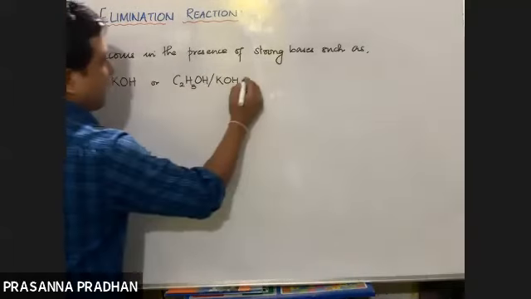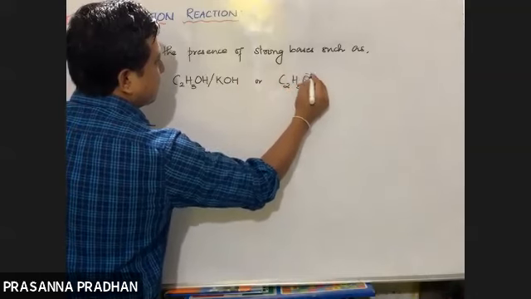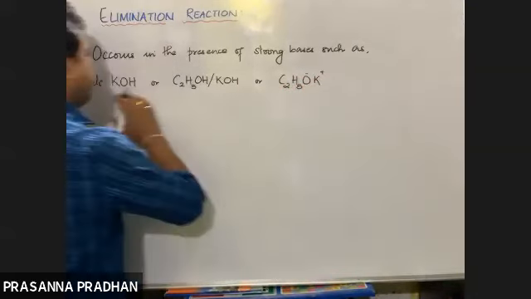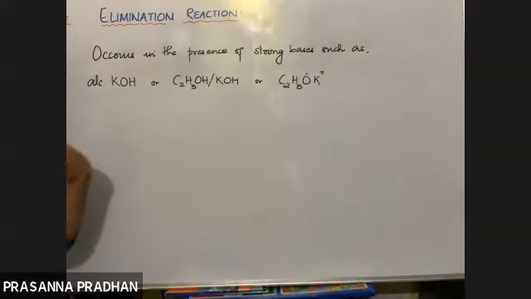These two will react to give us ethoxide ion like this. So either of these three, they mean the same: alcoholic KOH, alcohol in presence of KOH, or this.